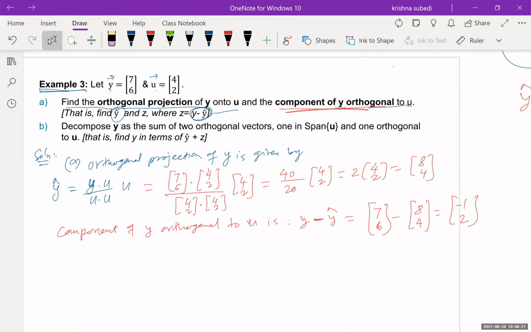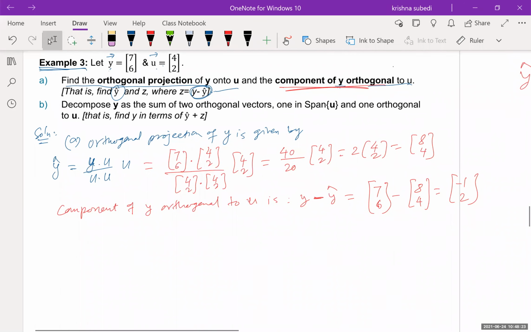Now you can verify that in part B. Let's first work with part B, and then we talk about how to verify that our answer is correct. In part B, we want to decompose y as the sum of two orthogonal vectors, one in the span of u and one orthogonal to u. Notice that this y hat is actually a vector in u.